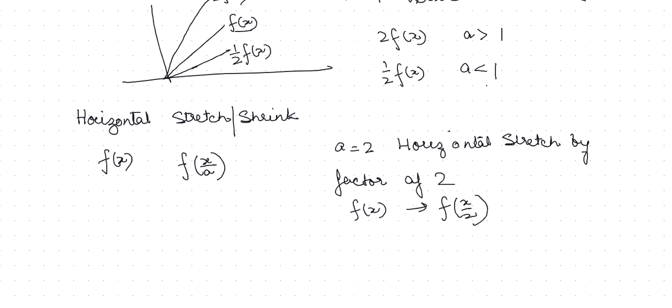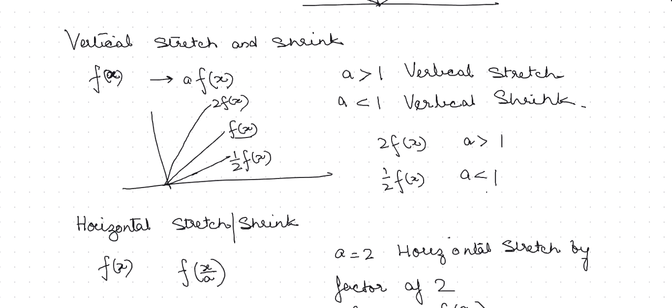In the horizontal stretch or shrink, we only divide x by 2, or x by a, whereas in vertical, we multiply the whole function by a.